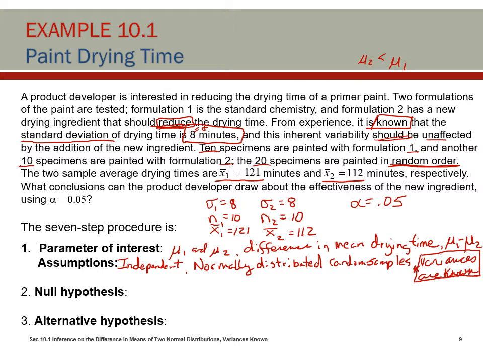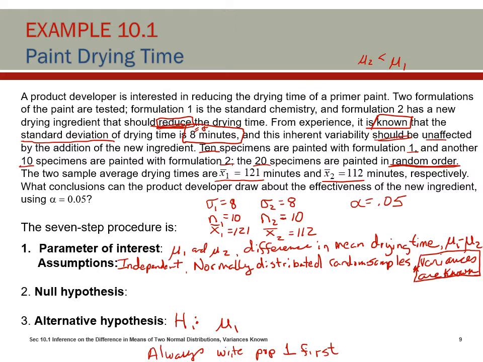So always write population 1 first. So when I go back to my alternate hypothesis, which is H1, I'm going to start with mu1. I always start with mu1.